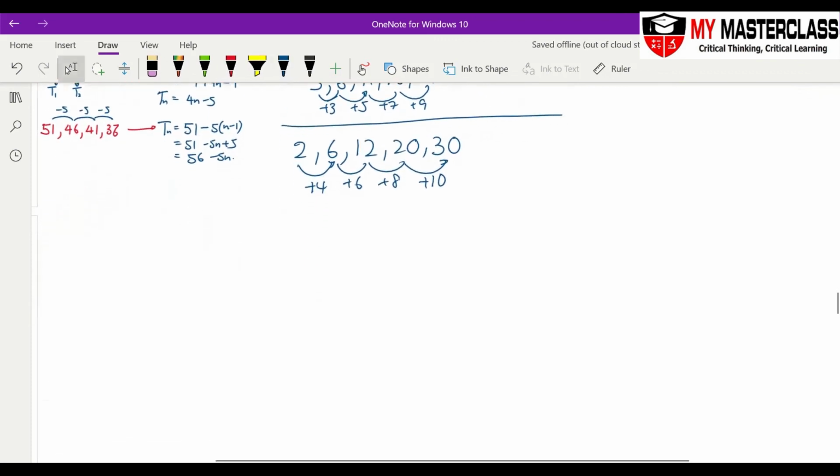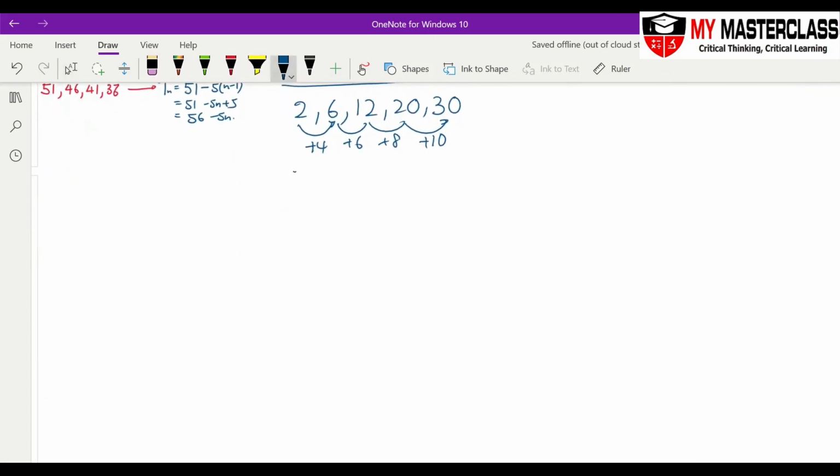So if you get this plus even number, you see T1, the first term is 2, right? 2 is 1 times 2. T2 is equals to 6, right? 6 is 2 times 3. T3, 12. 12 is equals to, Isabel, give me 2 products of 12 that's related to this sequence. 1 times 2, 2 times 3.